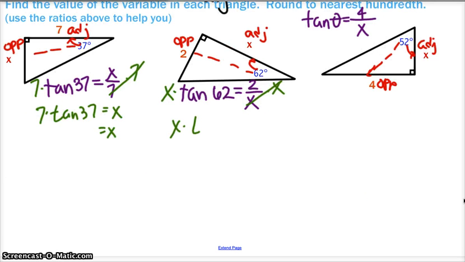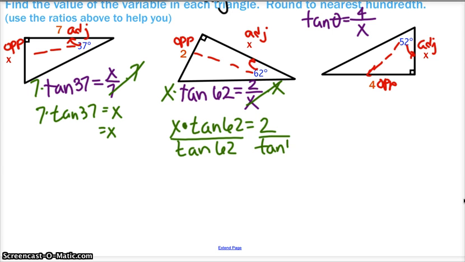X times tangent 62. I need to get it by itself. Undo the multiplication by division. I'm going to type that in here in a second. And then my last one looks just like the center one.